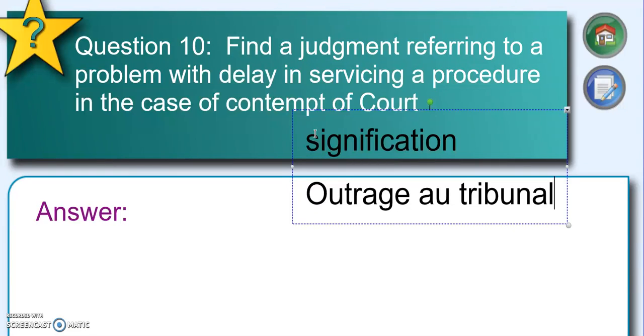So go find signification with outrage au tribunal. You're going to get to a bold number. The bold number goes back to your plan des sommaires. Once you found your bold number, go at the end of the case summary and find me the names of the parties. I would suggest you pause until you find the answer. When you find the answer, come back to the video and I'll give you the answer.